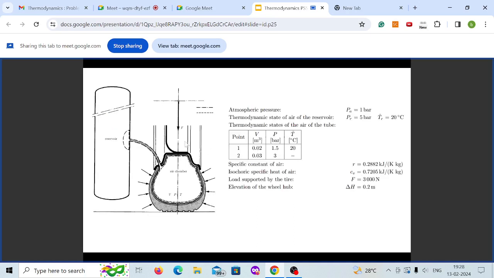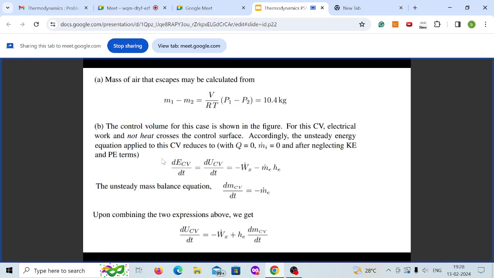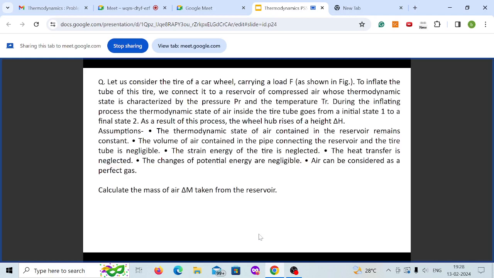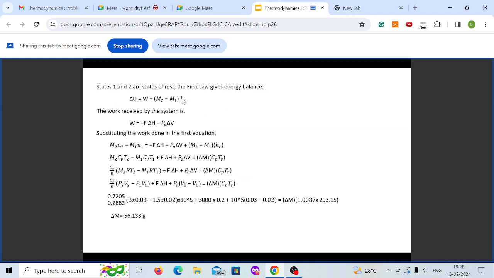So you see, again, this is not a steady state problem. This will be an unsteady problem. So your dU_cv, the previous expression, dU_cv equals minus W plus m dot into h. So that's the same equation which will come.